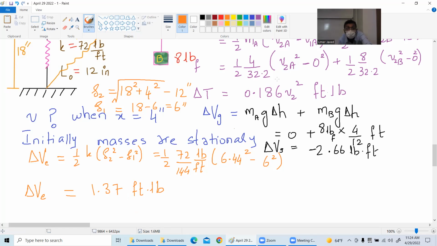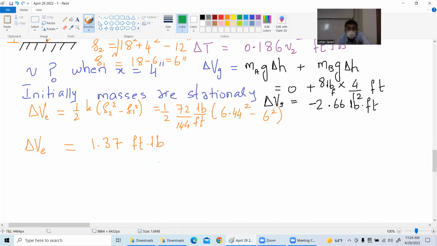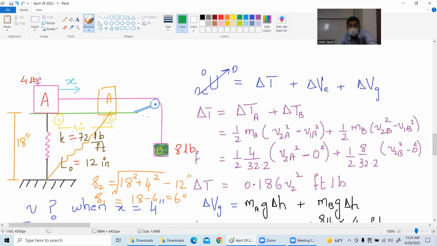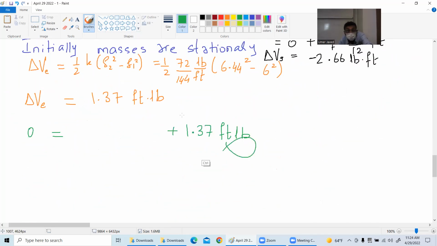And then finish the question. So we will have now delta T equal to 1.37 foot-pound, that's the delta VE. Delta VG is minus 2.66 pound-feet, foot-pound or pound-feet, whatever.